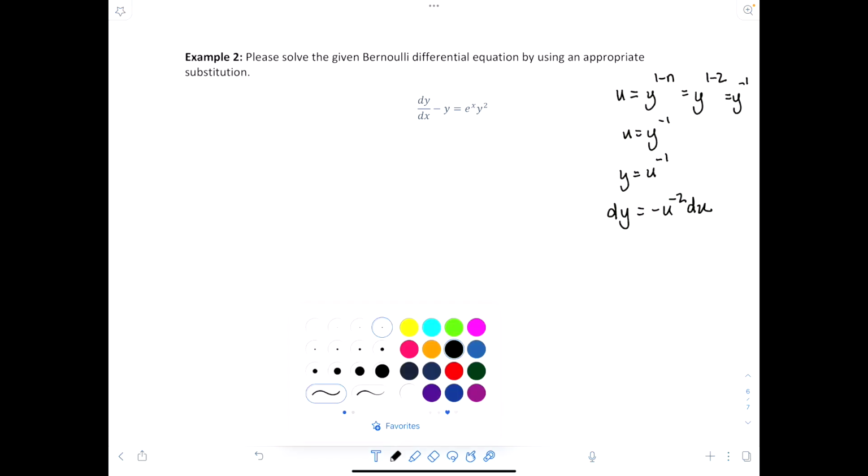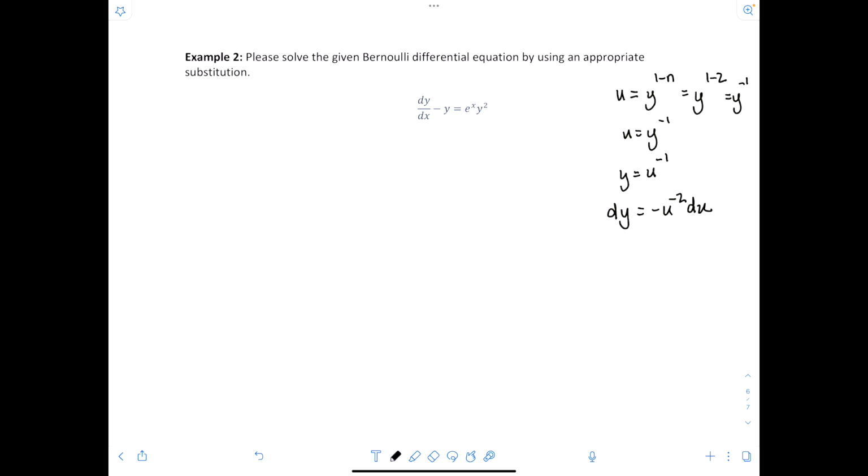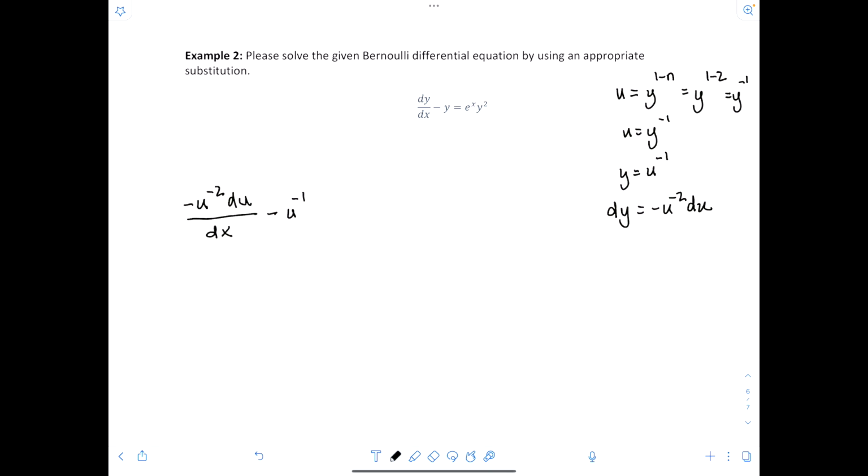So we will have dy dx. So plugging negative u to the negative 2 du in for dy over dx, minus y was equal to u to the negative 1. That's going to equal e to the x times y squared, so you'll have u to the negative 1 squared.